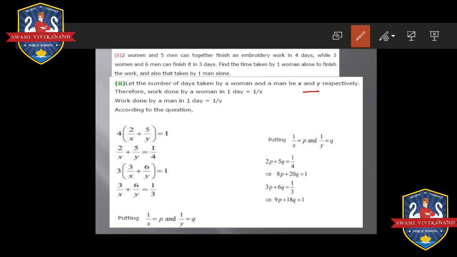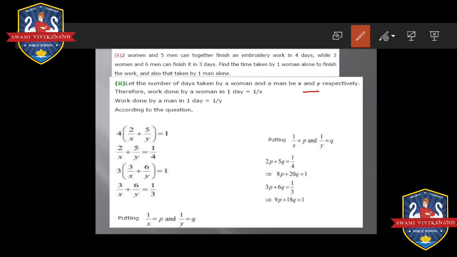Now consider if a person completes a work in 10 days. It means that in one day, how much portion is completed by that person? That person will complete 1/10 of the total work in one day. Are you getting this point?